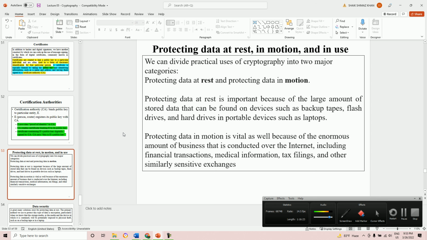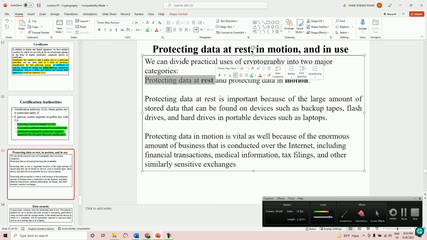When you have data in your computer, in your flash memory, in your hard disk, this data can be protected. As well as when the data is sent across the network in motion, it means when you are sending the data through the internet, through the network, then also you have to protect the data.